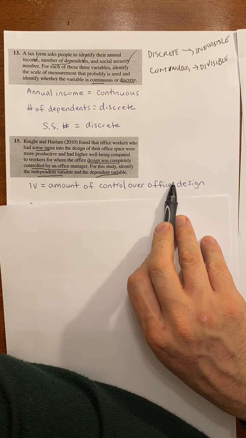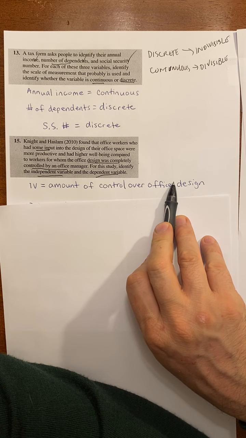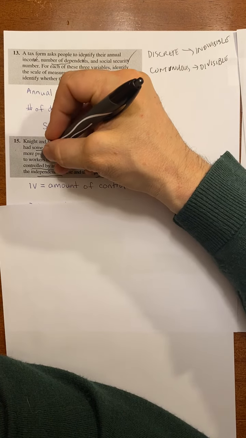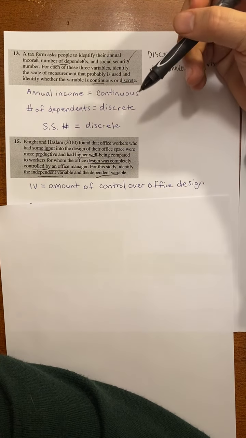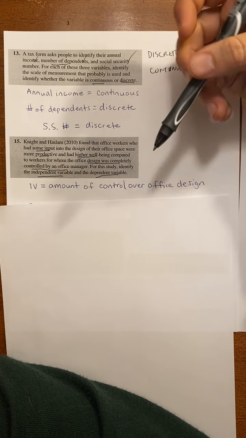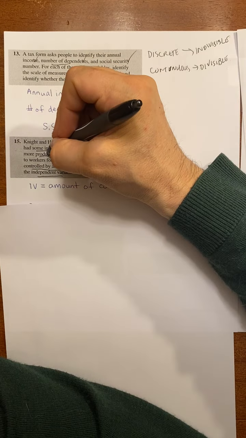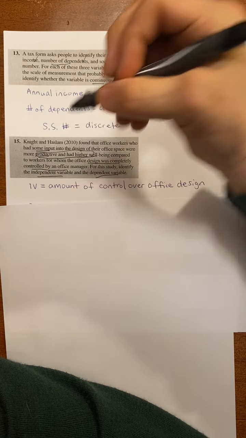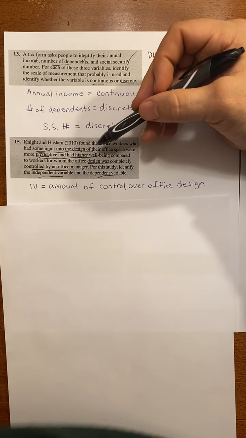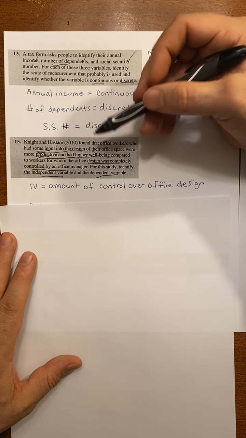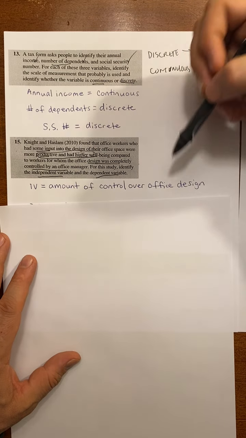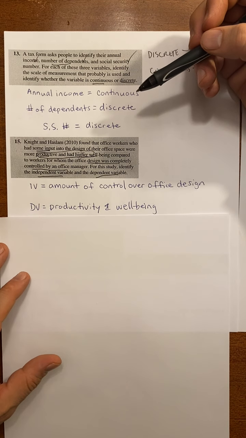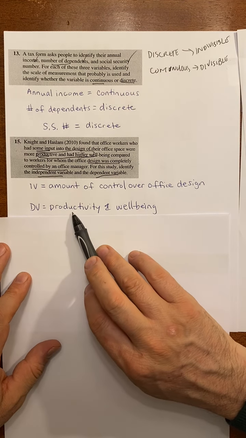Here we're seeing that what they were looking at was productivity and well-being, right? So the question was, did amount of control affect how productive and happy the participants were? Therefore, since this is what this was influencing, the dependent variable must be productivity and well-being.